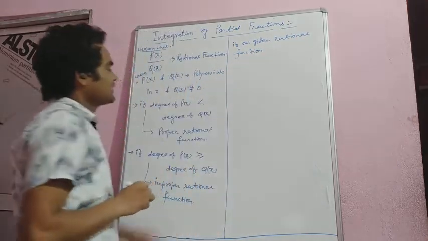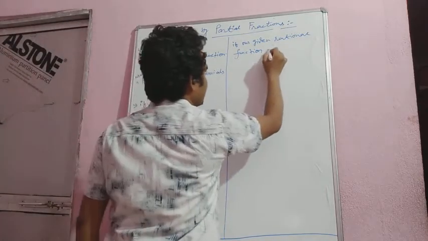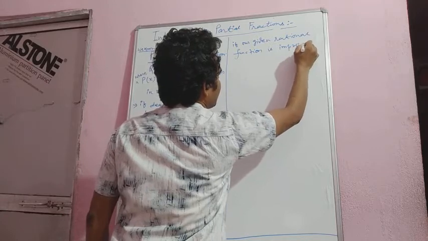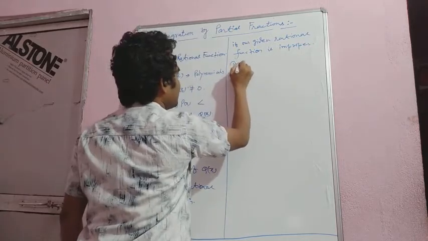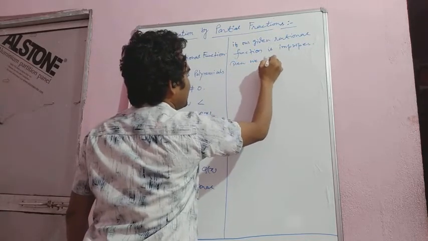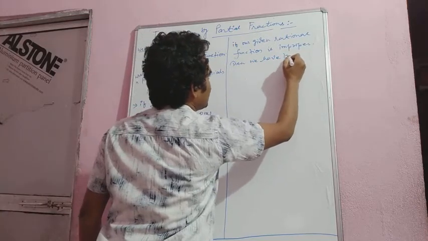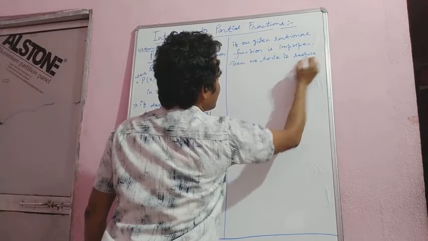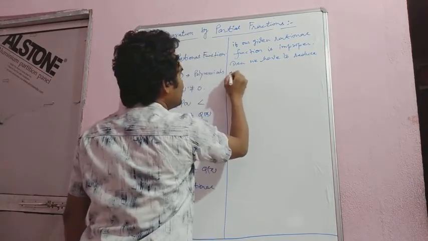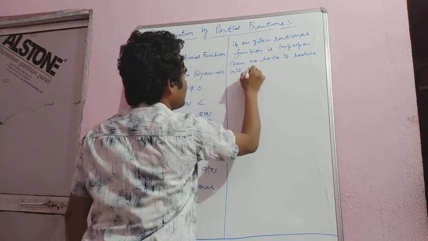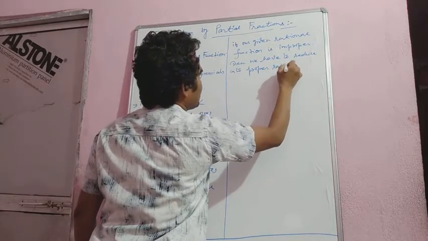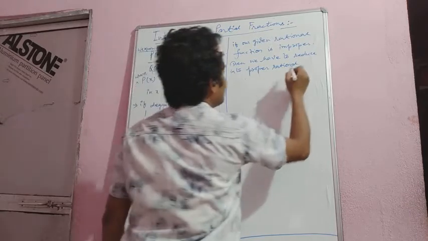If our given rational function is improper, then we have to reduce it into a proper rational function.